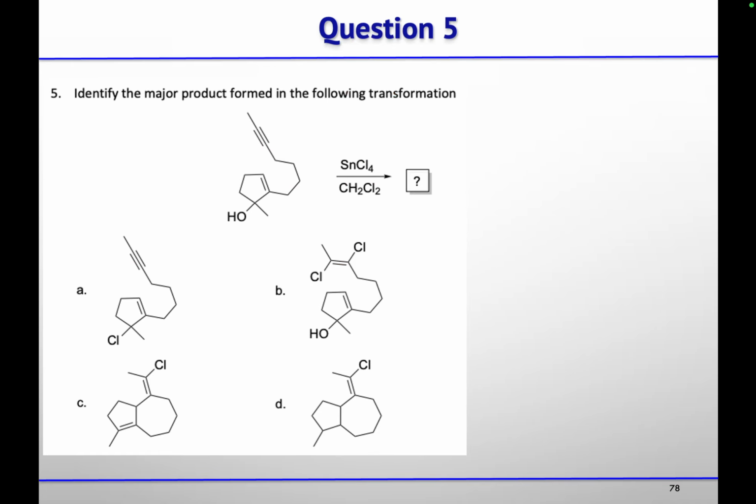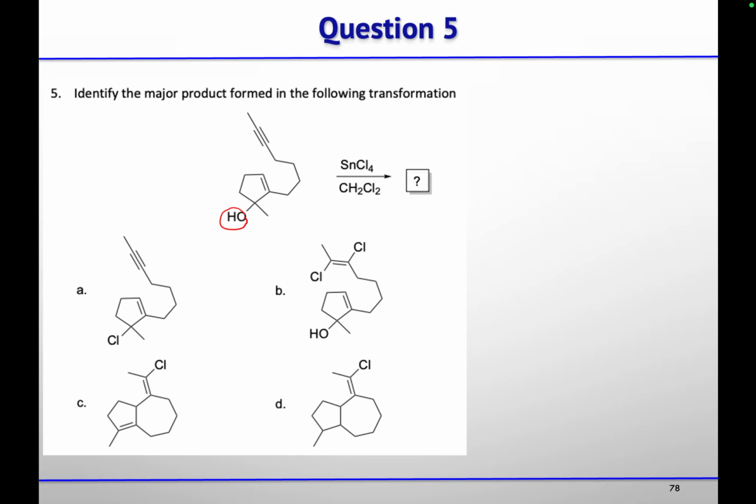Next is identify the major product formed in the following transformation reaction. You have an allylic alcohol, a tertiary alcohol, and an alkyne, and you are treating it with tin tetrachloride in the presence of DCl. So what will happen?